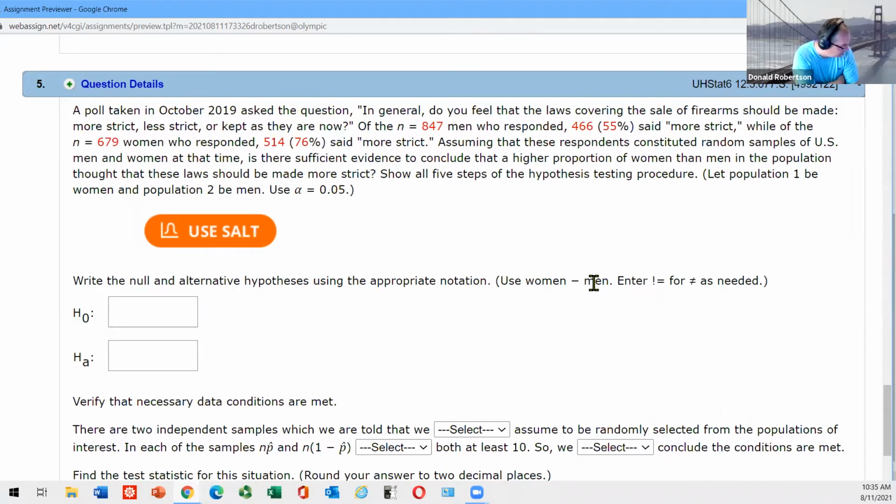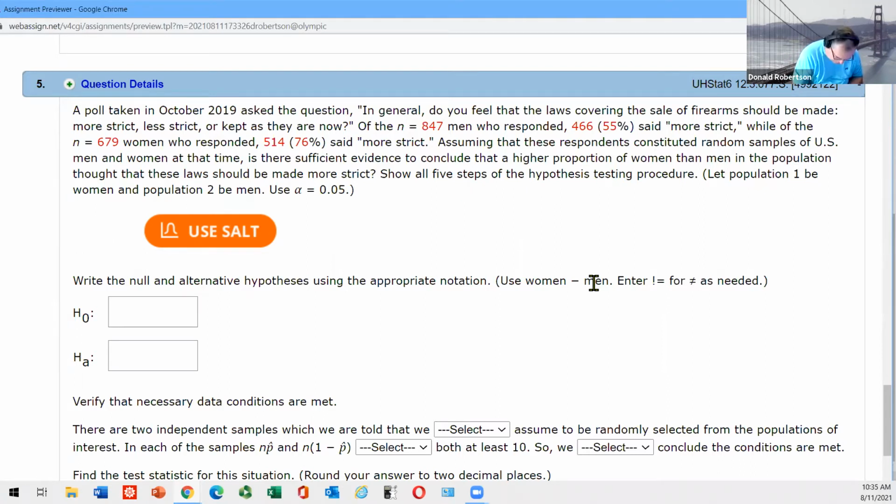Poll was taken in October of 2019 and asked the question, in general, do you feel that the laws governing the sale of firearms should be made more strict, less strict, or kept the same? Of the 847 men who responded, so I'll have population 1 as the men.